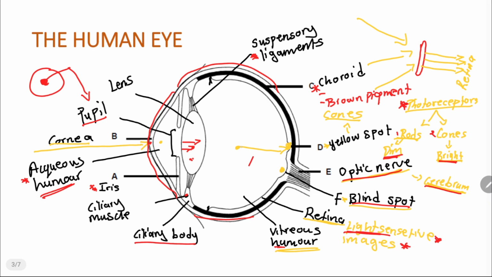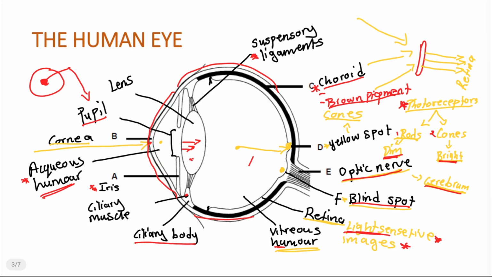In that case, the vision that is going to be formed is going to be extremely blurry, right? So it is important to avoid the reflection of light within the eye, and that is done by the choroid because it has got this brown pigment that prevents the reflection of light within the eye, right?